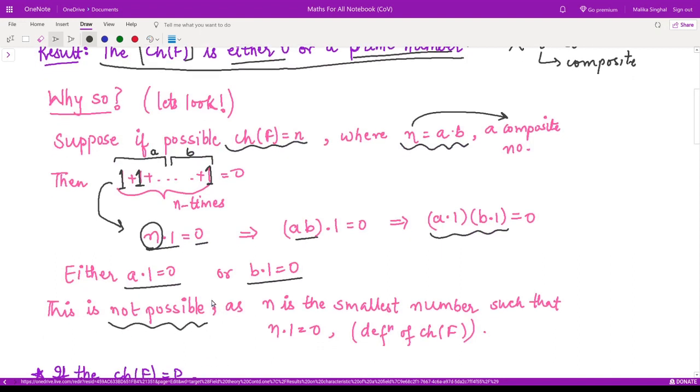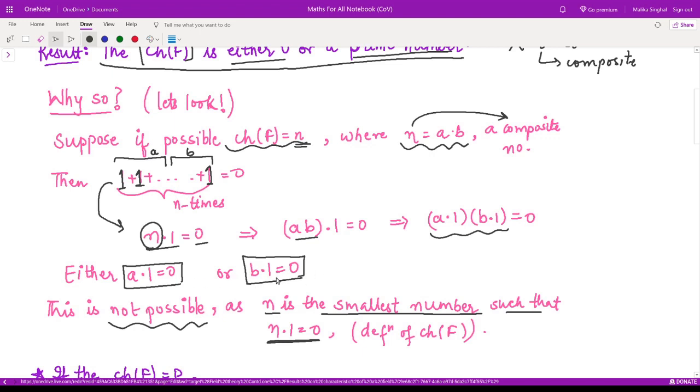This possibility cannot be there. Why? Because at the very start we said that the field F has characteristic n. And what do we mean by characteristic? Characteristic means that n is the smallest number such that n into 1 is equal to 0, right? In this case we have a into 1 is equal to 0 and a is less than n. Similarly, we have b into 1 is equal to 0 and b is less than n.